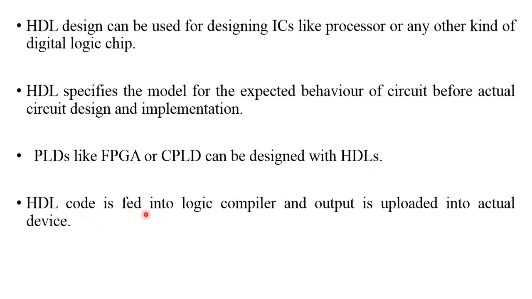The HDL code is fed into the logic compiler and the output is uploaded into the actual circuit. FPGA and CPLD are both hardware kits. After compiling our program, only then can we upload it to the actual device, FPGA or CPLD. After verifying our result, we upload our program into the device.